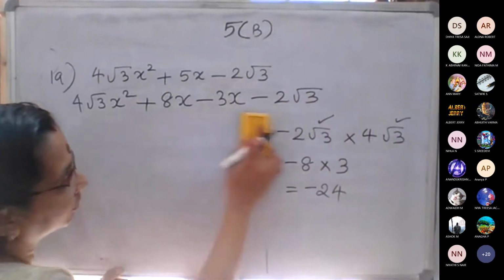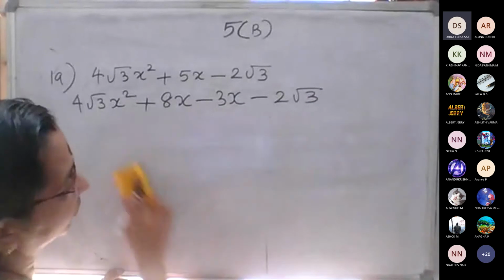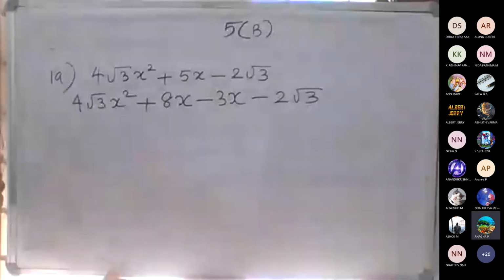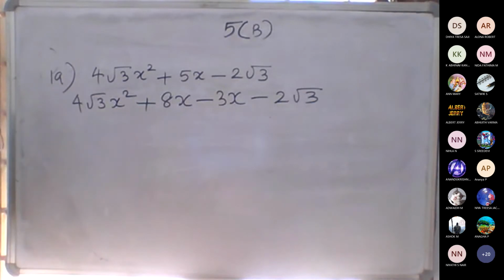Let's see. Ma'am, try this. Alright. 4 root 3 x square. Is it clear now, up to this? Any doubt? Yes. Now we have to write this.